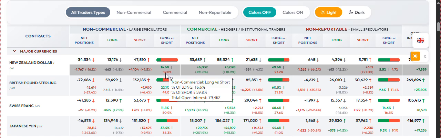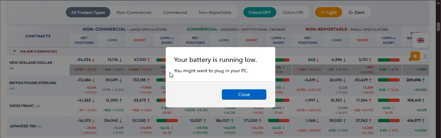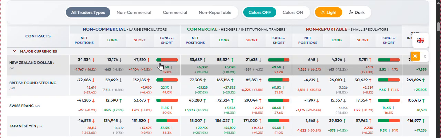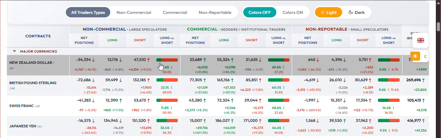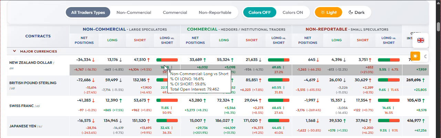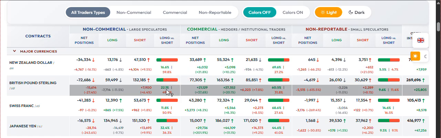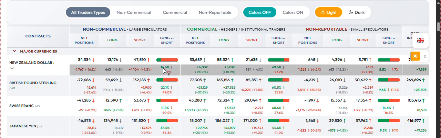We have around 59.8% of them, you understand, who want to short it. So around 59% of the institutions want to short this back to the downside, and just 16% are actually buying it.